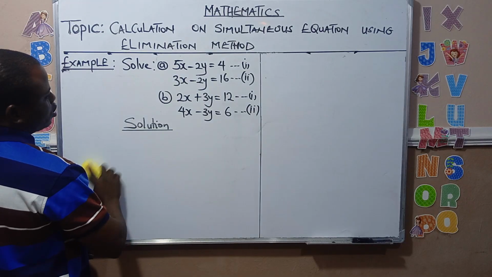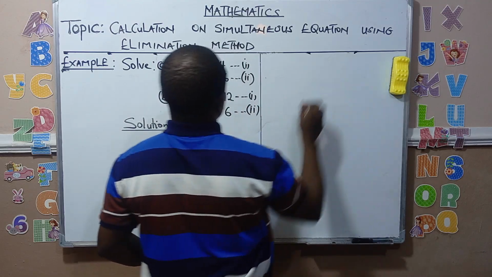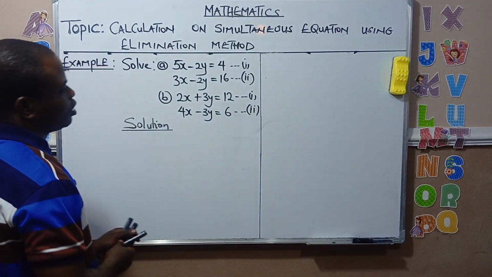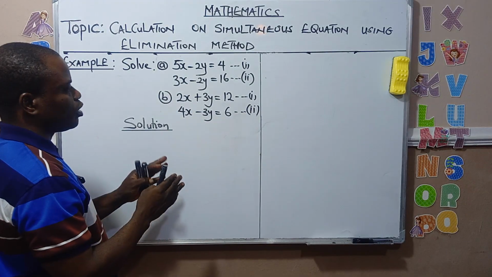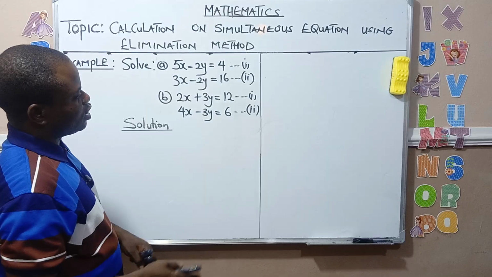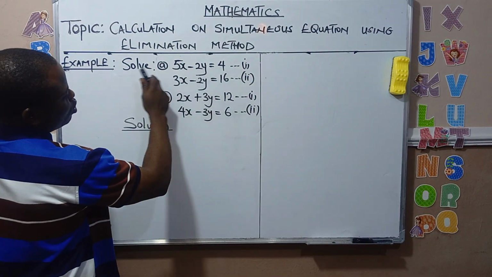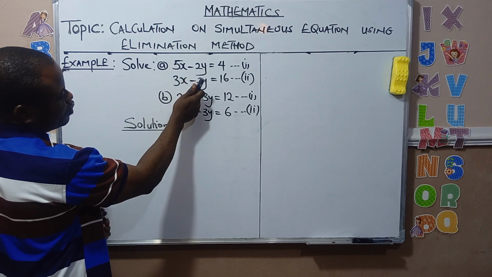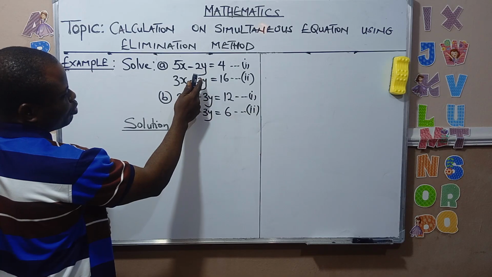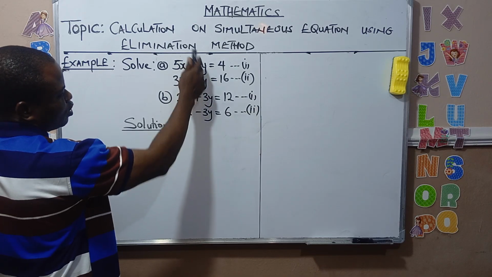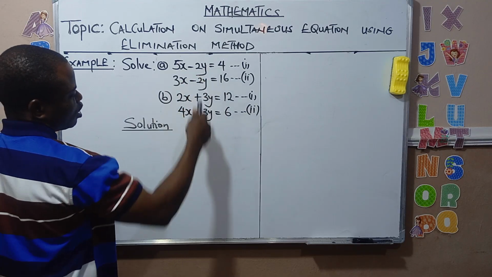Because the coefficients of y are the same, only the signs are different, and you look at the sign to know whether to use positive or negative before you eliminate the number. In the first equation, we introduce negative so that the negative of the second minus 2y in equation 2 will turn to positive, so that minus 2y plus 2y will cancel out.